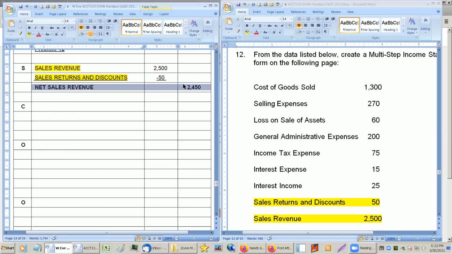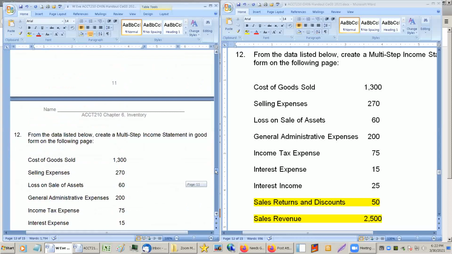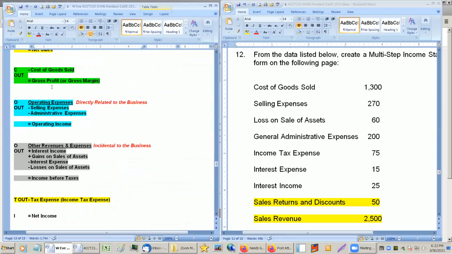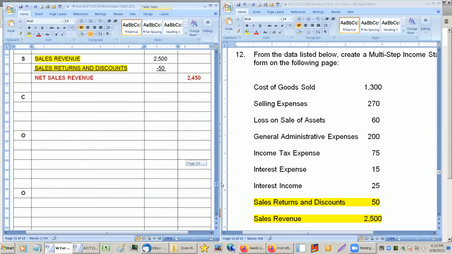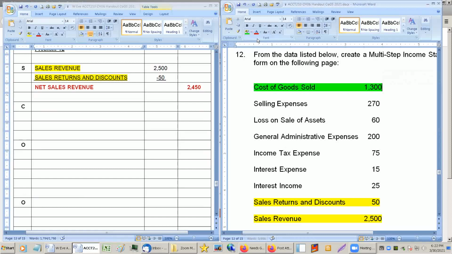I'll make those red. C is just our cost of goods sold. Make that sea green. Okay.